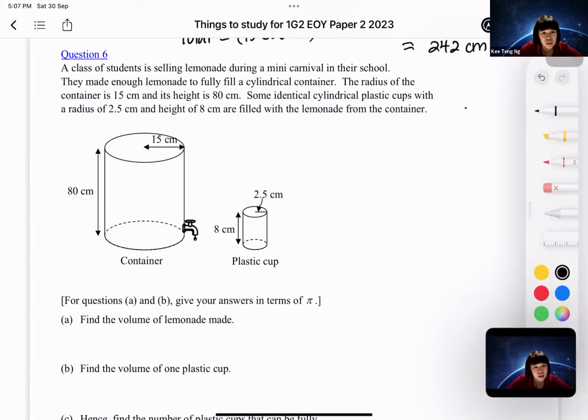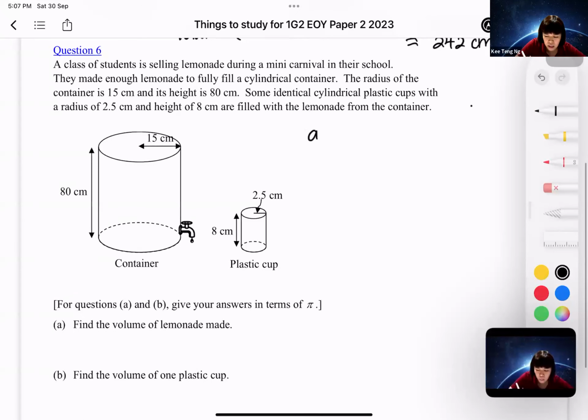Okay, a class of students is selling laminate at a mini carnival. They made a laminate with this container. So what is the amount of laminate made? The laminate is in a container that is a cylinder. So for part A, the volume of a cylinder is the base area times the height.